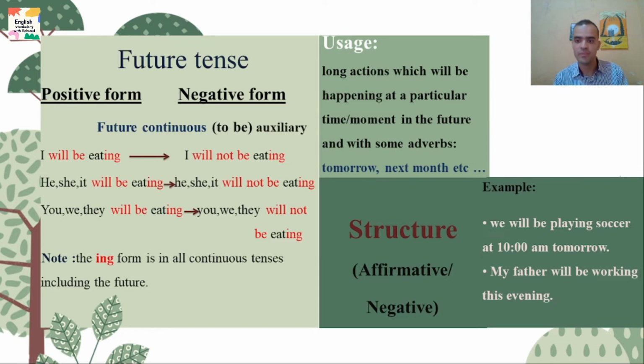Okay. The second example: my father will be working this evening. Okay, my father will be working this evening. So I might say this sentence in the morning. So this evening is a future event. We don't know what is going to happen in the evening.